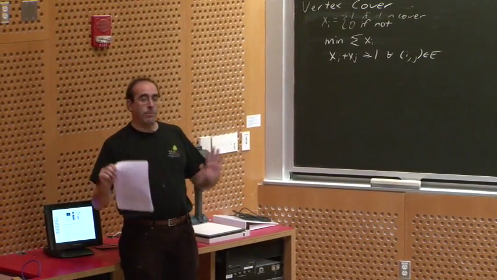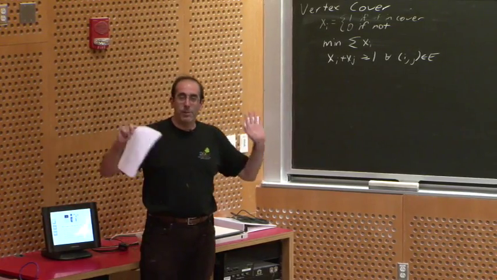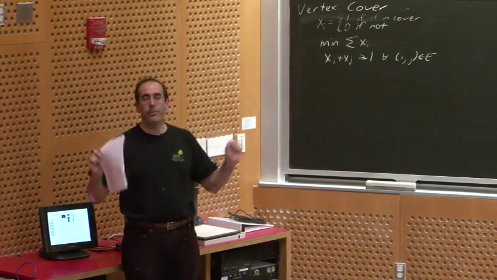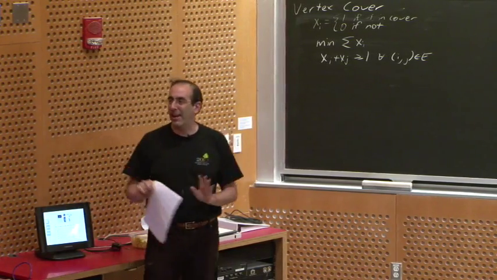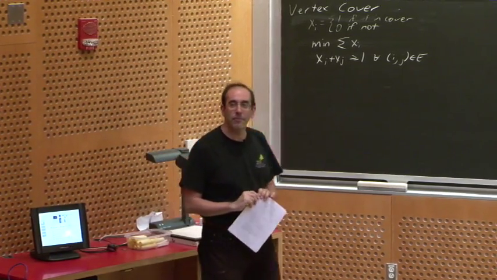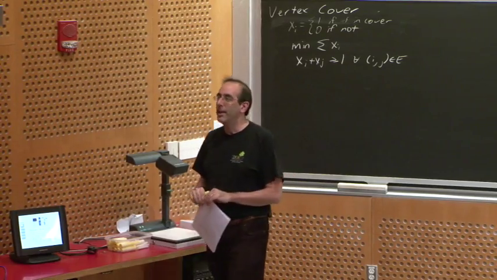But this should make us pause, because we said that vertex cover is an NP-hard problem. So I'm not going to suddenly reveal that P equals NP in the middle of an advanced algorithms class. So what's going on? Yes, the xi should be 0 or 1.